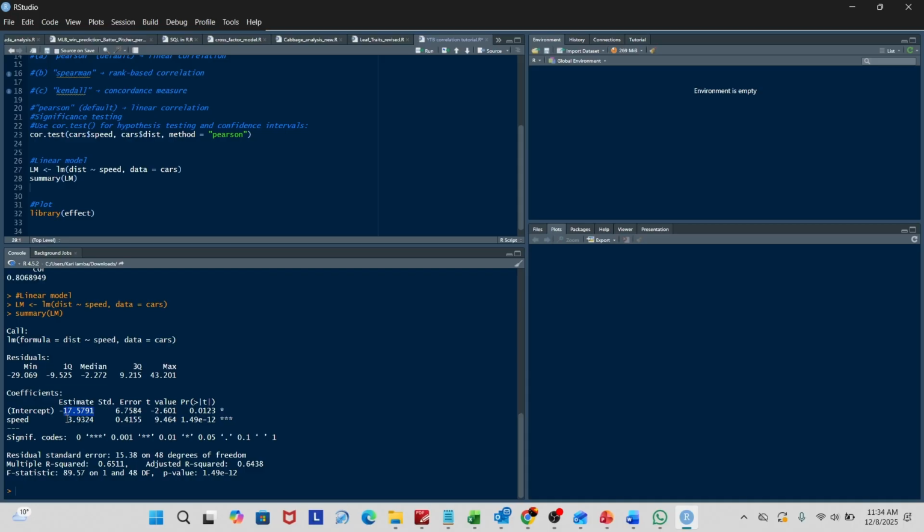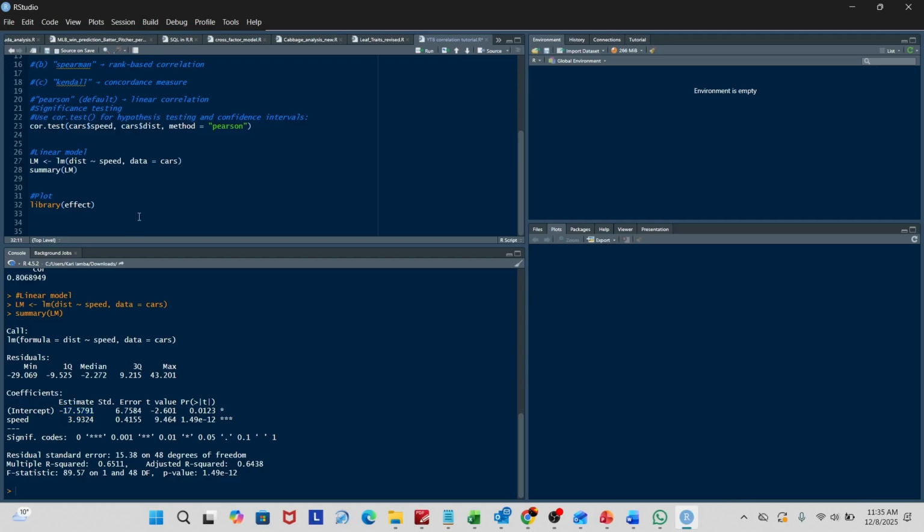It basically states that at zero speed, the stopping distance after the brakes are applied will be minus 17.57. Of course, there is no distance as minus 17.5 feet, but this is what the model predicts if the speed is zero.